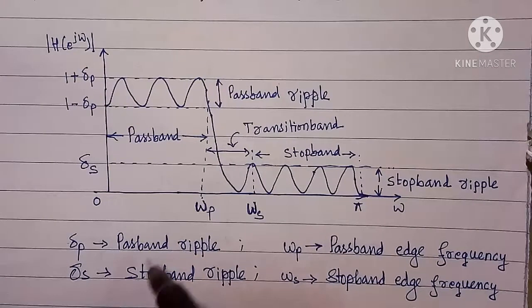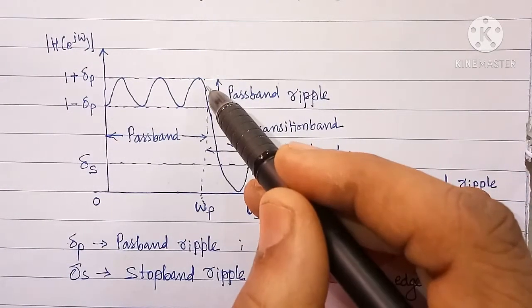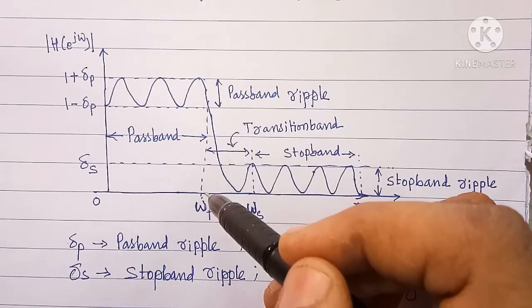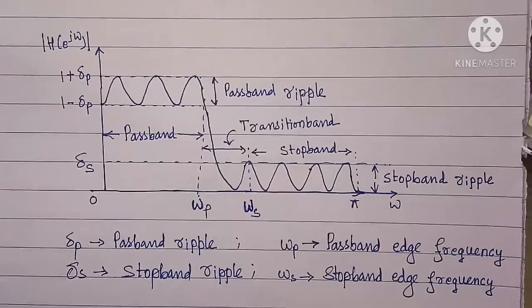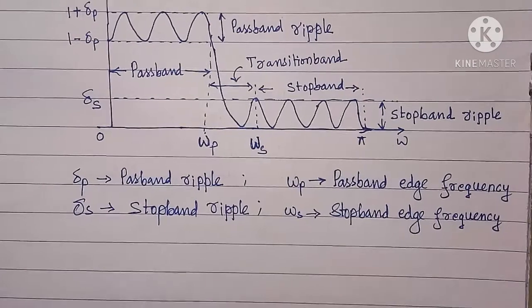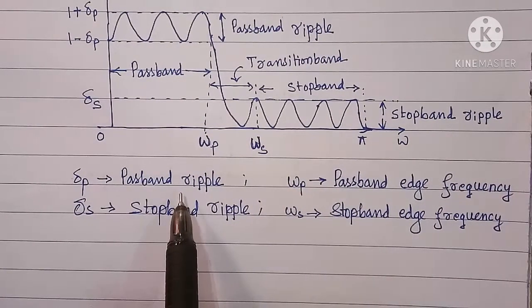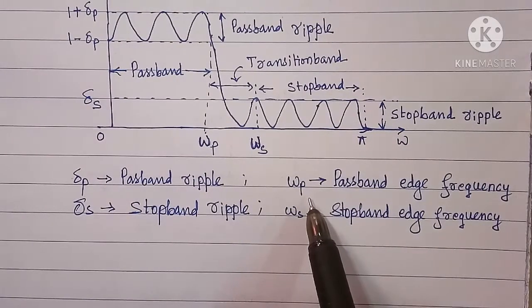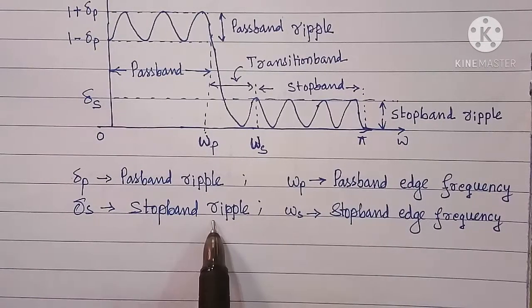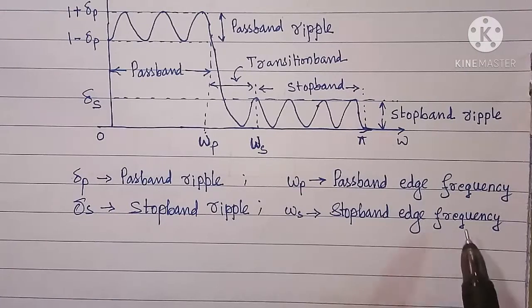It can also be seen here that in the transition band, the magnitude of the gain does not become 0 abruptly. In this frequency response of low pass filter, delta p is passband ripple, omega p is passband edge frequency, delta s is stopband ripple, and omega s is stopband edge frequency.